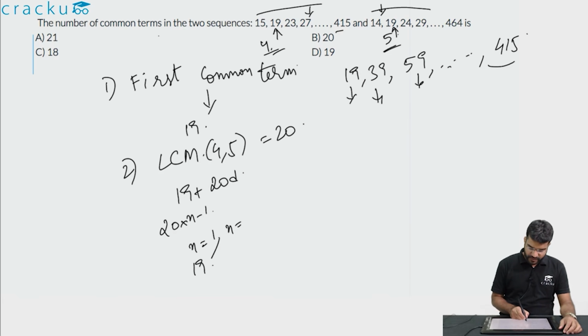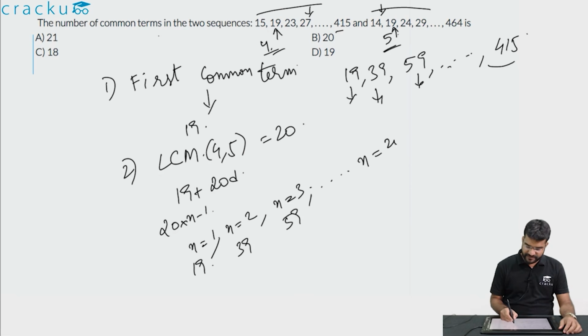When n is equal to 2, the number will be 20 into 2, that is 40 minus 1, so that will be 39. When n is equal to 3, the number will be 20 into 3, that is 60 minus 1, that is 59 and so on. This will continue to happen till n is equal to 20, in which case the number will be 20 into 20, that is 400 minus 1, so that will be 399.